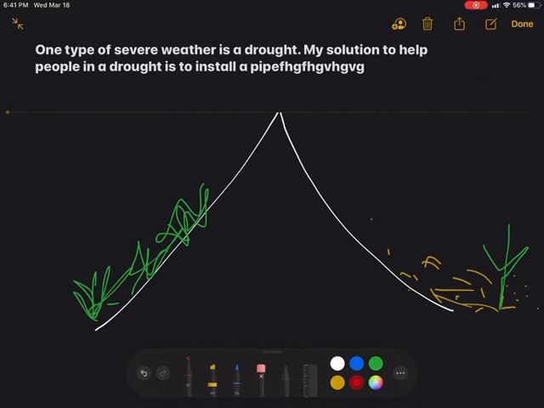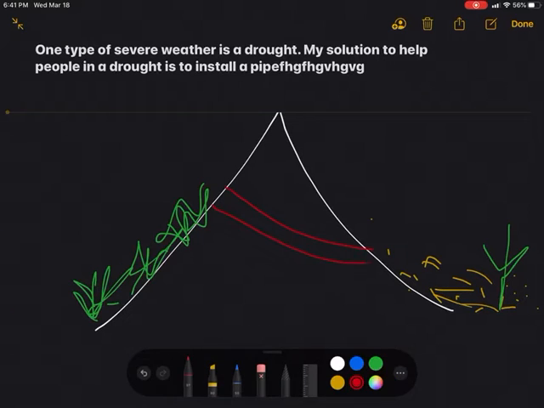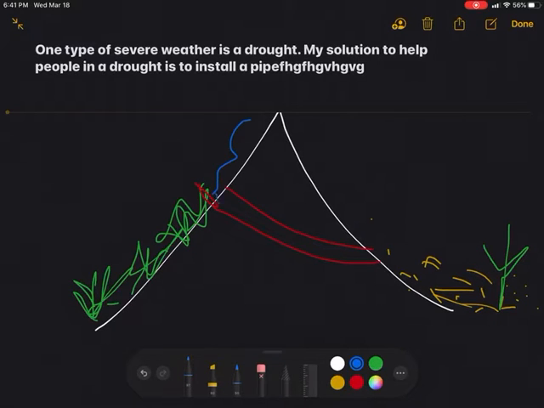So then I'm going to draw my pipe, goes through here, and then as the rain falls, it'll go through the pipe to the east side, making it have water, which hopefully would mean it would start to grow and the drought would be stopped.